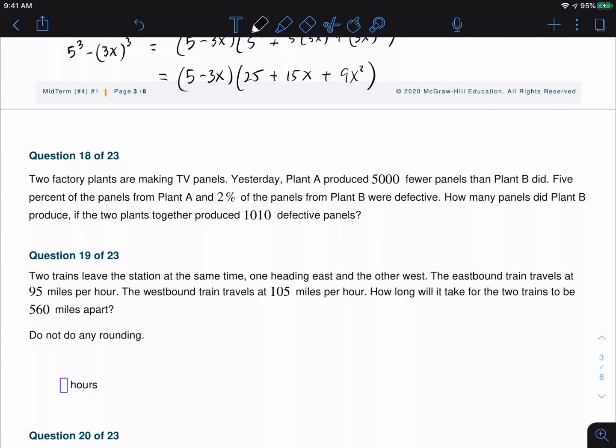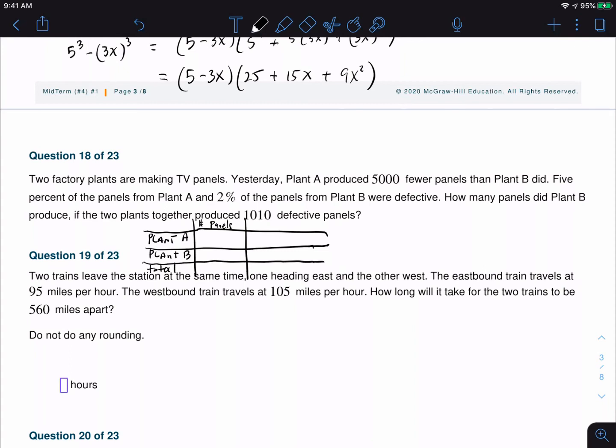So to set this up, I'm going to do a little grid for us, okay? I'm going to go plant A, plant B, and then a total. So this first block is going to be the number of panels. Plant A did fewer TVs than plant B, right?